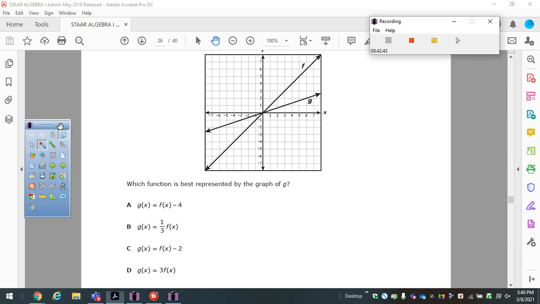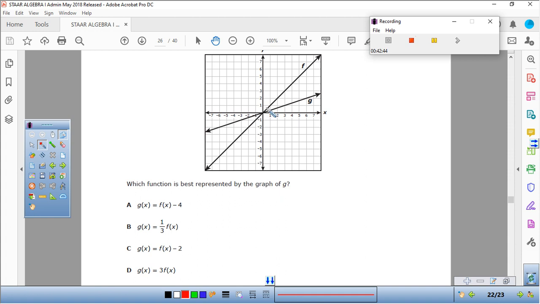You should automatically know that that one is f of x equals x. So everywhere you see f of x, it's x. So this is like x minus 4. This one is 1/3 times x. You see that? 1/3.